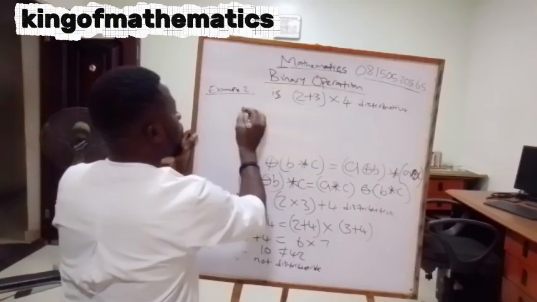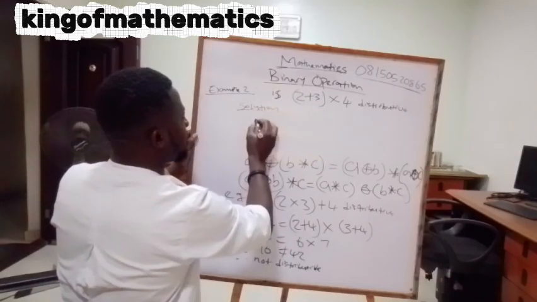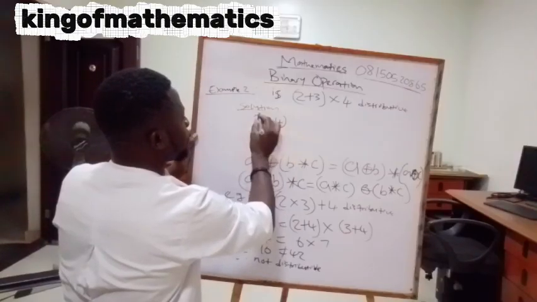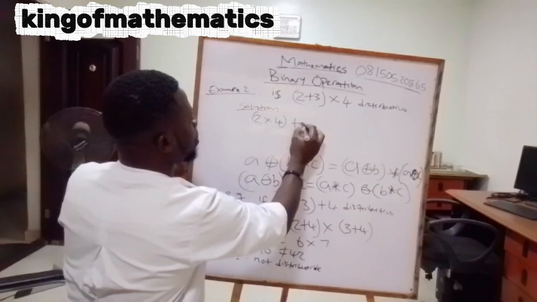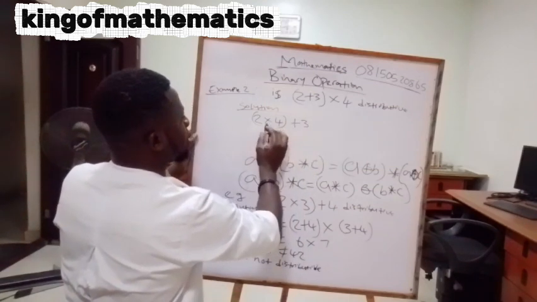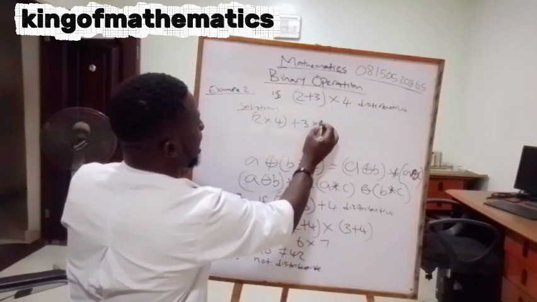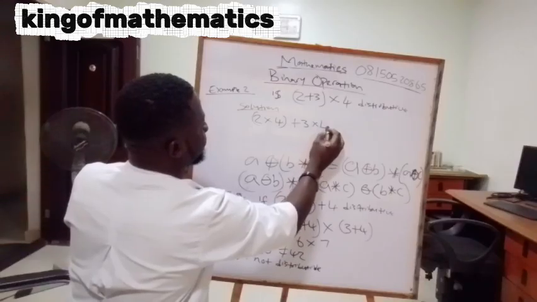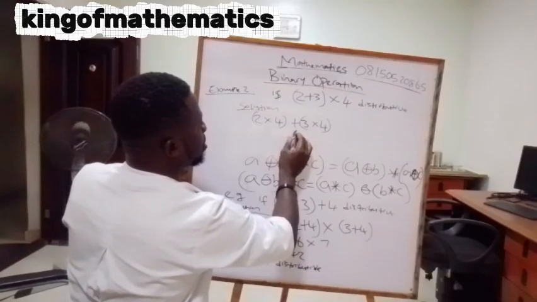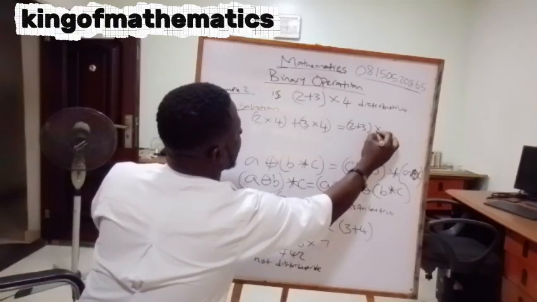So let's check. Solution, following the same law, this will now give us 2 times 4 plus 3 times 4 is equal to 2 plus 3 times 4.